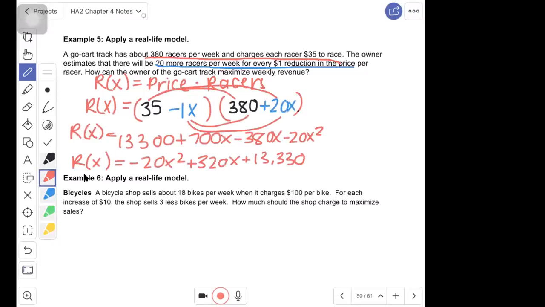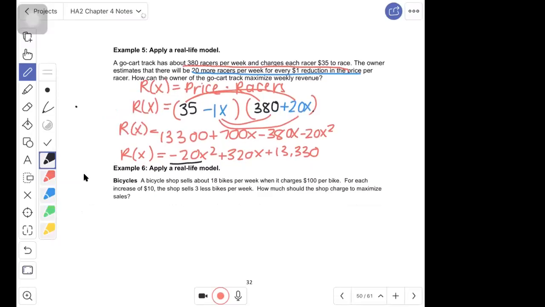Once you FOIL, you should get this as your function. Now we can see that our A, just like in the last example, is less than 0. So we know our function is going to be opening downwards. So that vertex, that point, will give us our maximum, which is what we're finding. We want to find that maximum revenue that we can get. So we know we have to find the axis of symmetry and then find the Y value. I'll give you a minute to go ahead and do that.